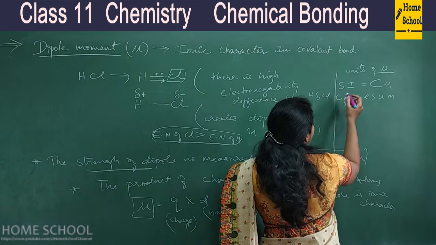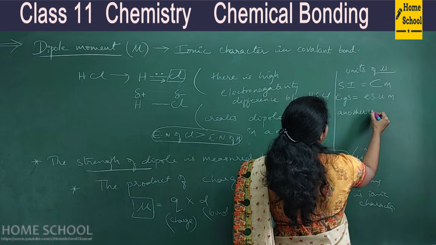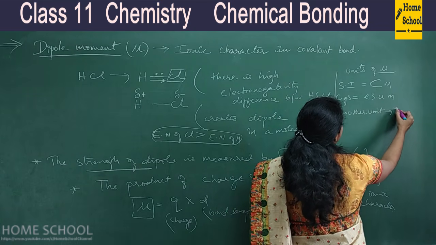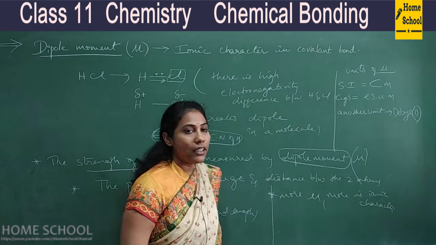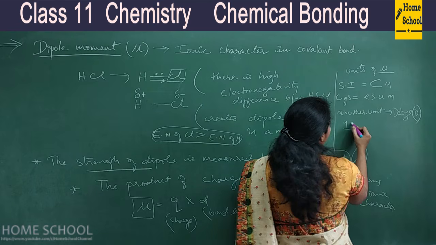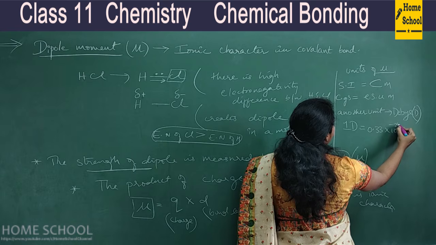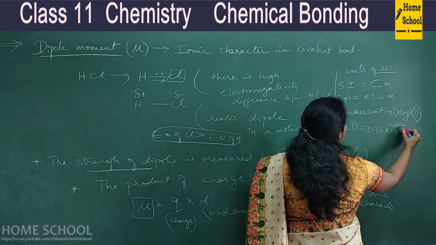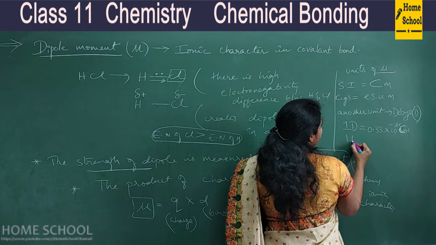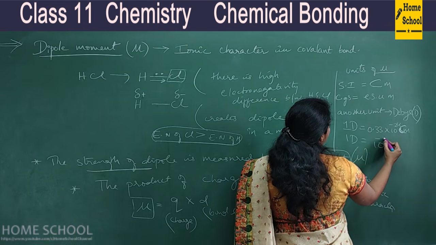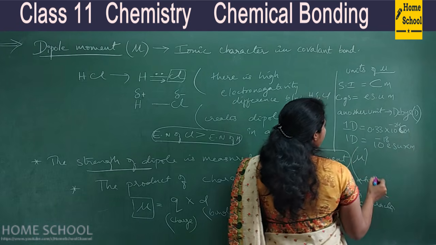Okay, and dipole moment has another unit, which we famously call debye, represented as D. Here you need to understand that 1 debye is equal to 3.33 into 10 power minus 30 coulomb meter. It's not centimeter, it is coulomb meter. Or 1 debye is equal to 10 power minus 18 ESU into centimeter.